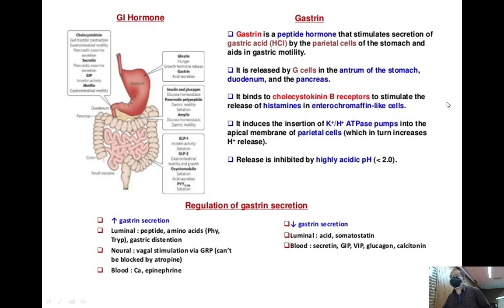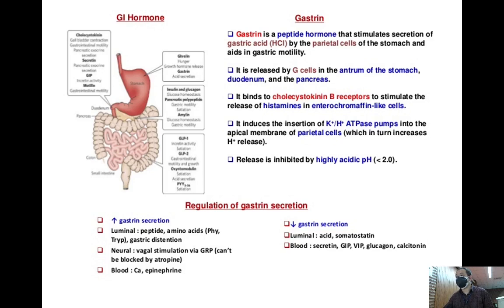Gastrin is one of them. Gastrin is a peptide hormone, and it depends. It can be a polypeptide containing 14 amino acids, or it may contain 17 amino acids, or 34 amino acids, or 43.